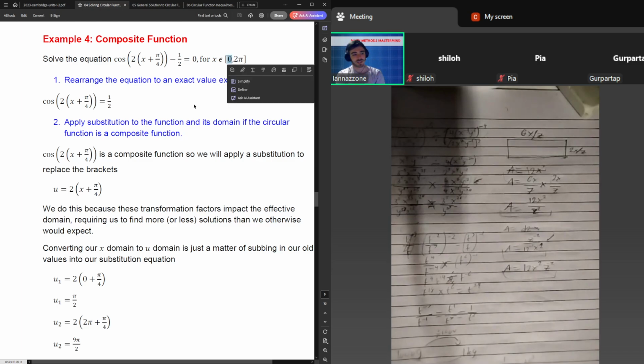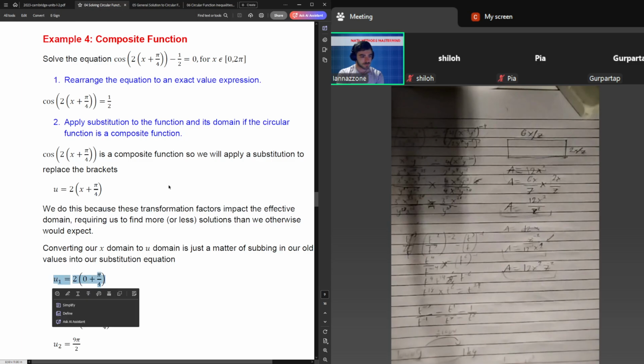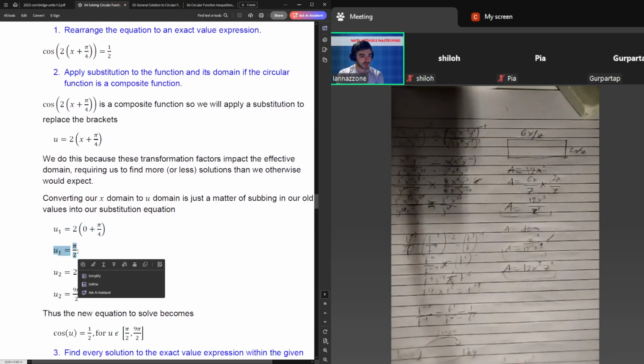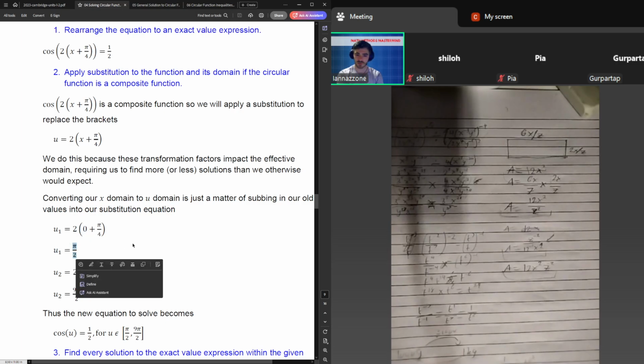So if I take this x equals 0 and put it in there, that's what this bit looks like. And when you simplify that, the new lower bound is going to be pi over 2. That's converted this x value of 0 into a u value of pi over 2.